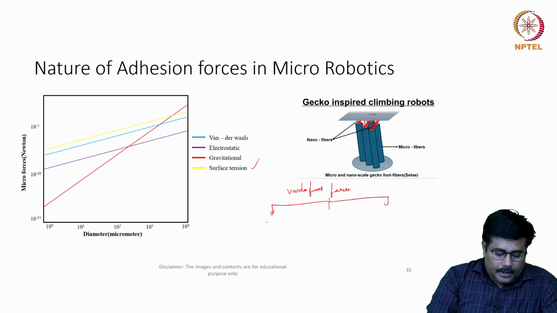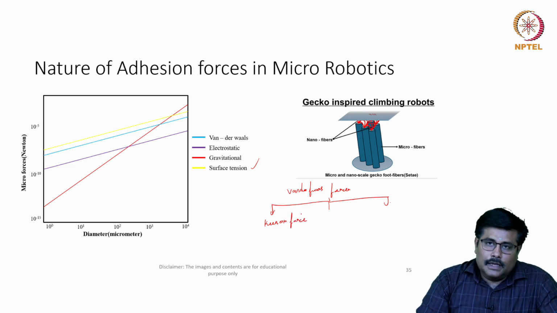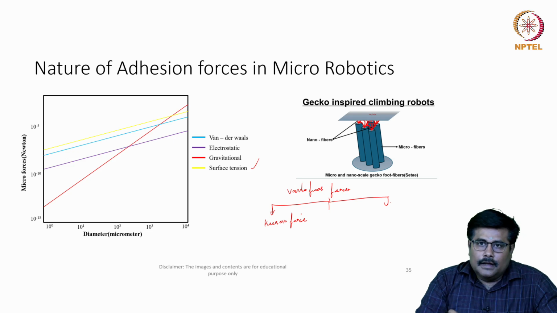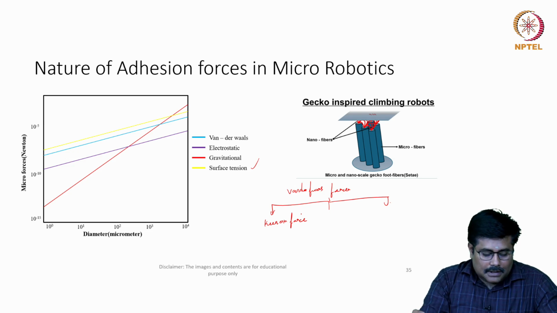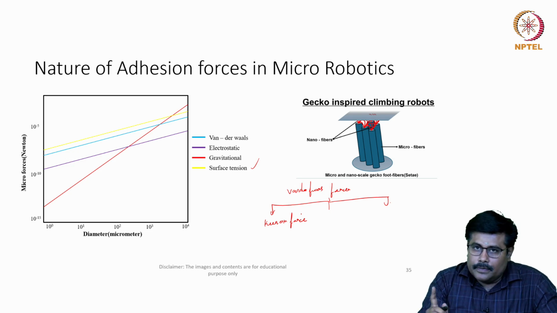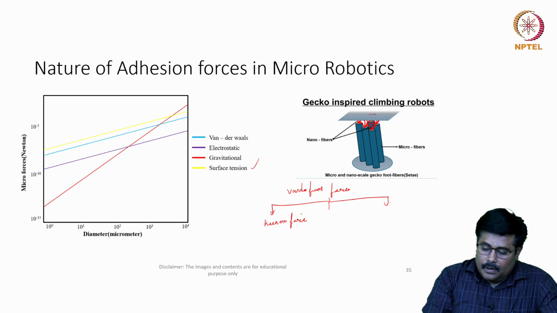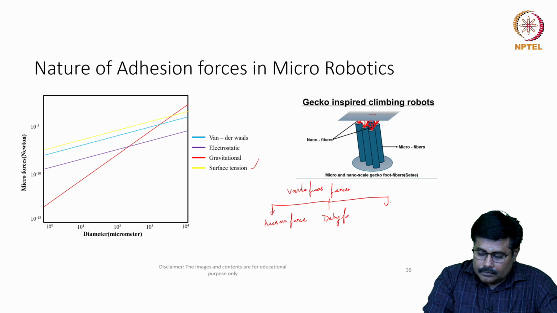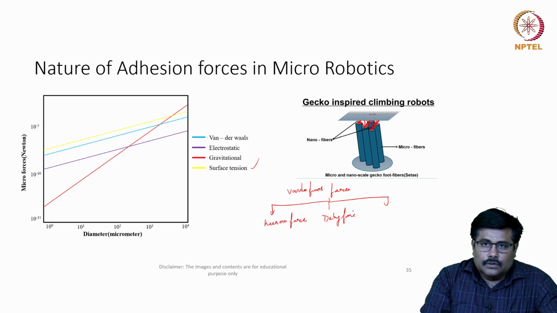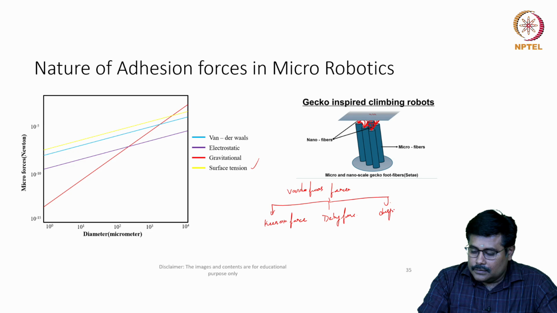One is called the Keesom force. The Keesom force relates the angle average dipole and dipole interaction between two atoms or molecules. Next, the Debye force is the angle average dipole which induces a dipole interaction between two atoms or molecules. Next, we have the dispersion force.